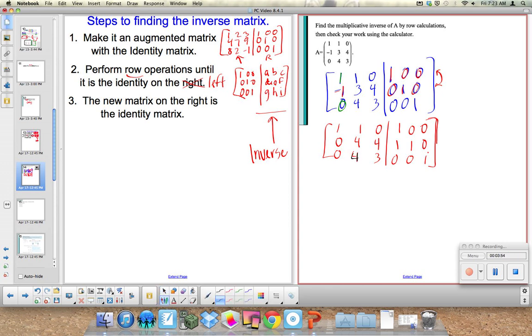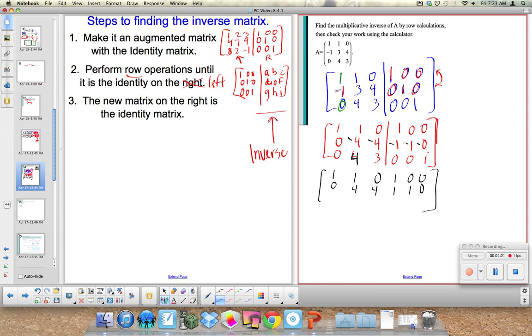So let's make this 4 a 0 by adding negative 1 times the middle row. So making all these negative, well, negative 0 doesn't really matter. I'm going to copy the top row again, because I don't really need to change it yet. And I'm going to add that new middle row with the bottom row. I'm going to actually leave the middle row the same, but I'm going to add this negative 1 together.